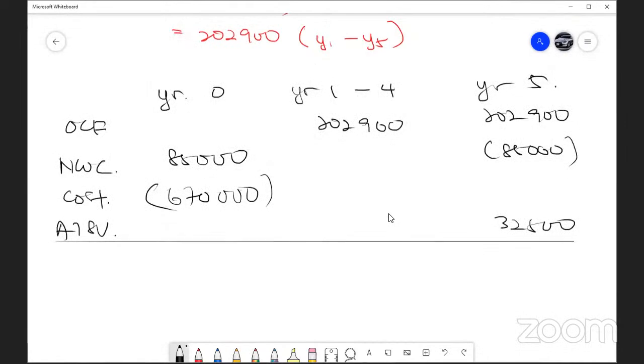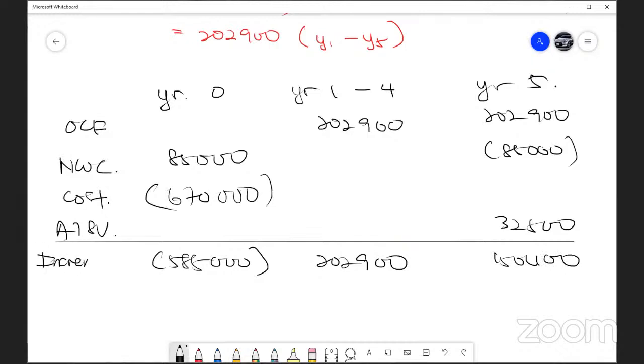At year 0, you get negative $585,000. 202,900 remains the same. This one is 150,400. This is your incremental cash flow.